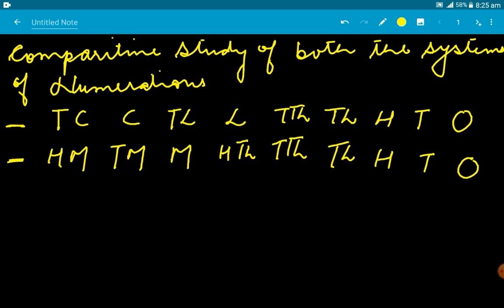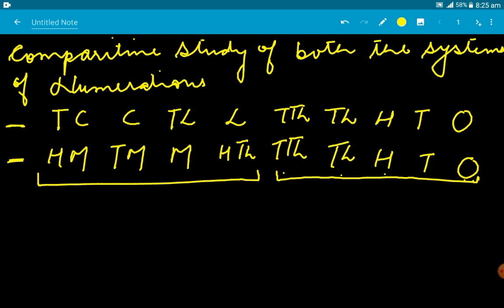So now let us compare. See the places ones, tens, 100, 1000, 10,000. Up to here there is no difference between Indian and international system. But see the remaining places. 1 lakh equals 100,000.